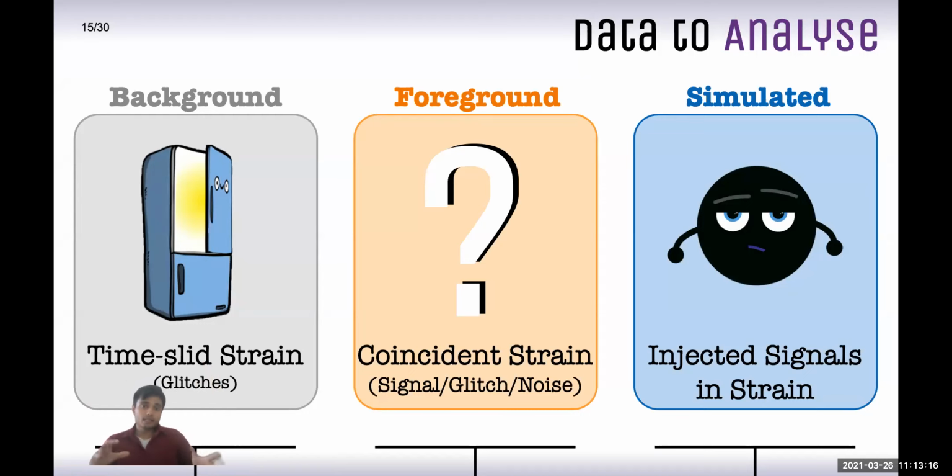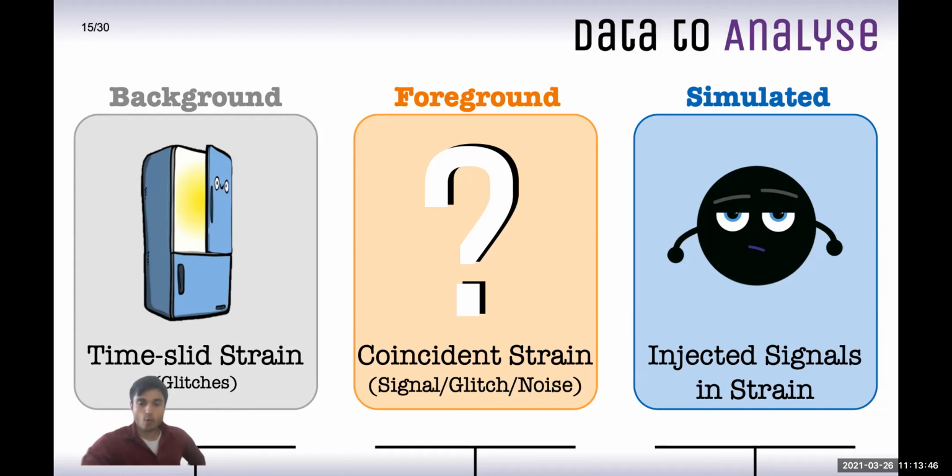So background data is data that just doesn't contain any signals, and we know it doesn't contain signals. And we also have simulated data, in which we take the foreground data, and we make sure that there's no candidates or events, and then we simulate an event and inject it into the data stream. And so we know that when we analyze the simulated data set, we're finding only the injected signals.